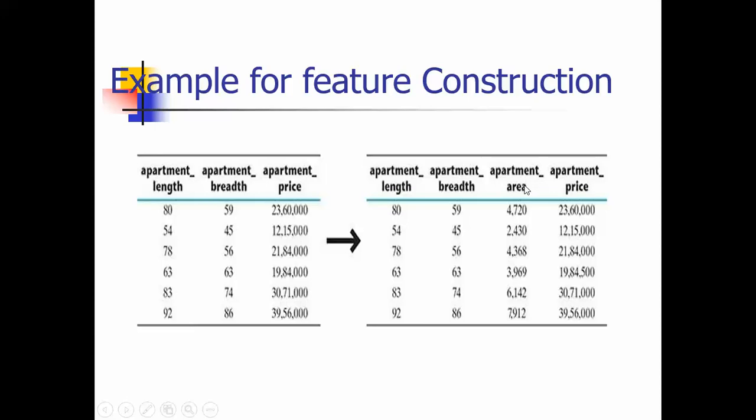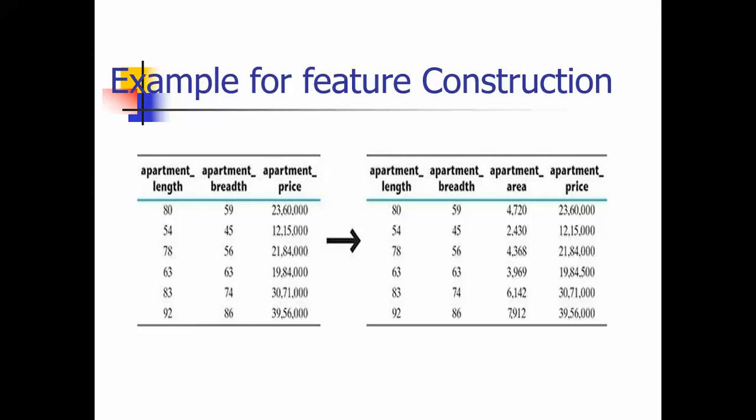To generate this new feature, I have to perform some operation between the values of these features. If I perform the operations between the values of the two features, I am going to get the area of the apartment.